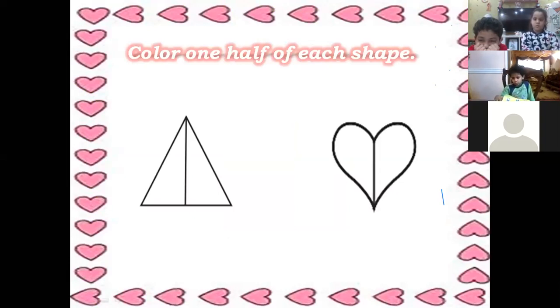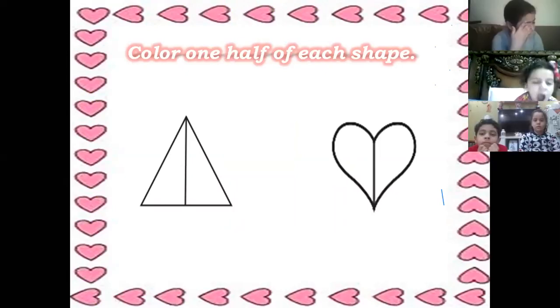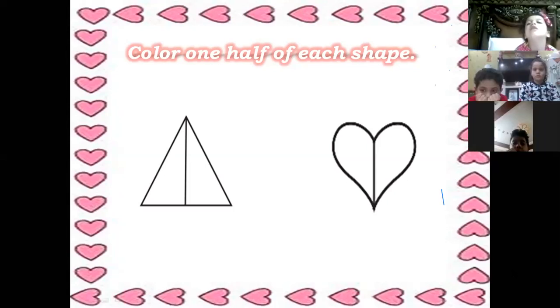Okay, Safe, right now I ask you to color one half of that triangle. To color one half of that triangle, you need to color how many parts? One half means one part of the two parts.